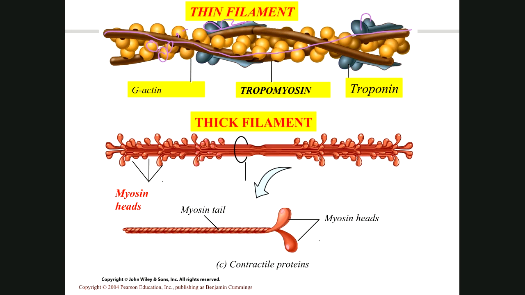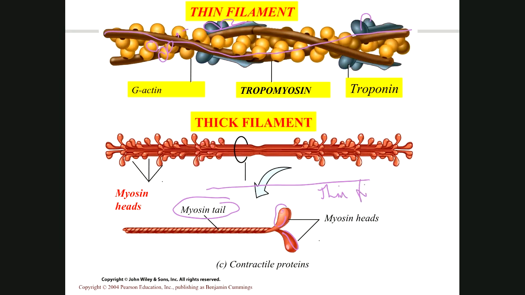Thick filament is much simpler. There's really only one protein in the thick filament, which is called myosin. And thick filaments are located so that the head of the myosin protein is always adjacent to a thin filament.